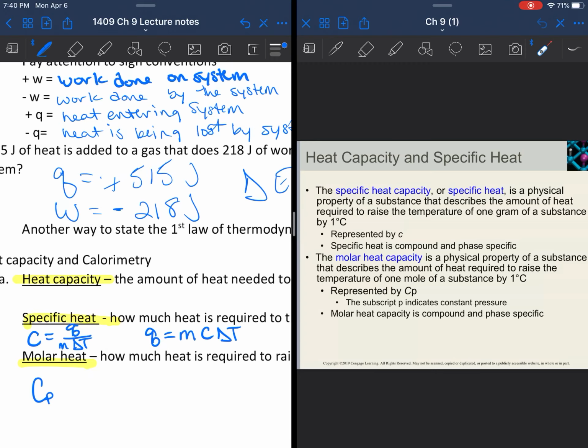The molar heat capacity is the same idea. It's capital C sub P. Sometimes you'll see capital C sub M. It just depends on where the problem's coming from. But this is going to be the amount of heat that is necessary to raise the temperature of 1 mole by 1 degree.